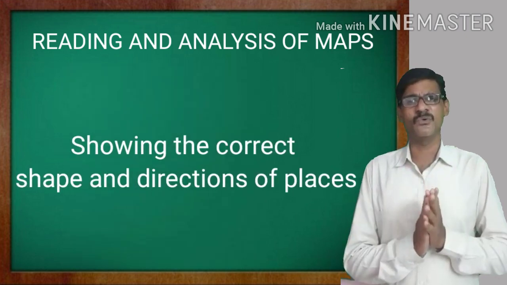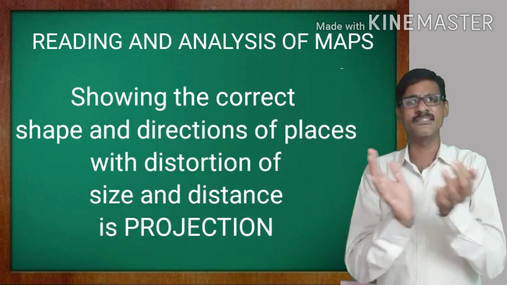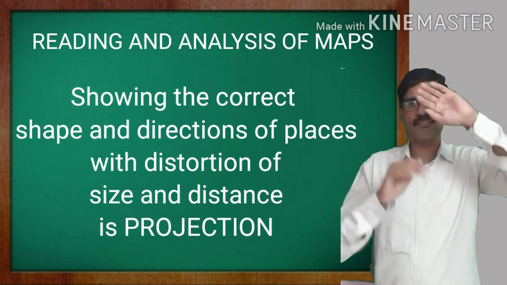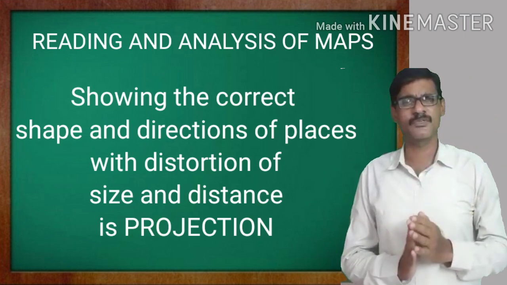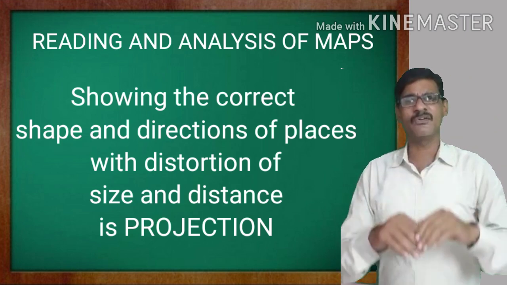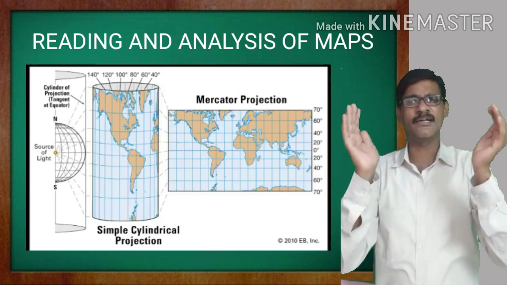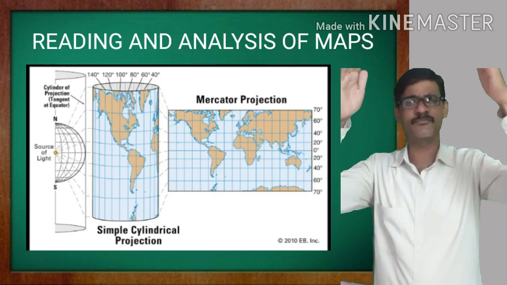Generally, we know the earth is like a ball. It is a sphere and it has some curvature. For example, we are taking the globe. The globe is like a ball and it has curvatures on all sides.